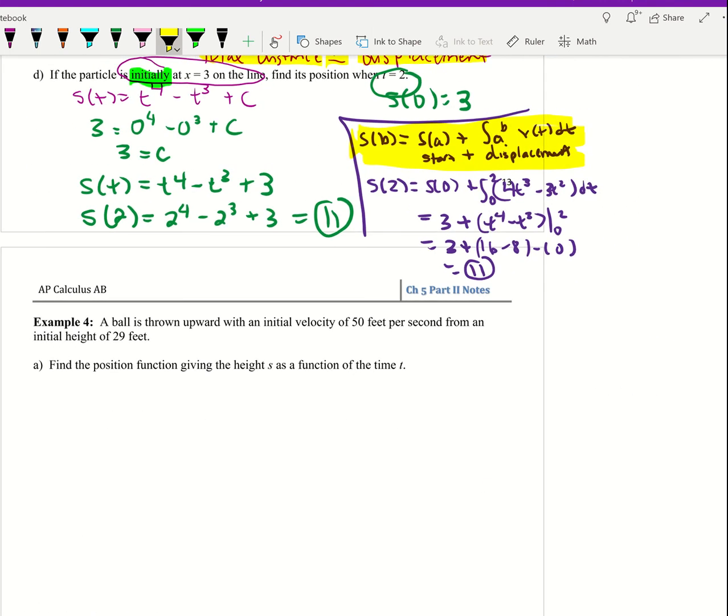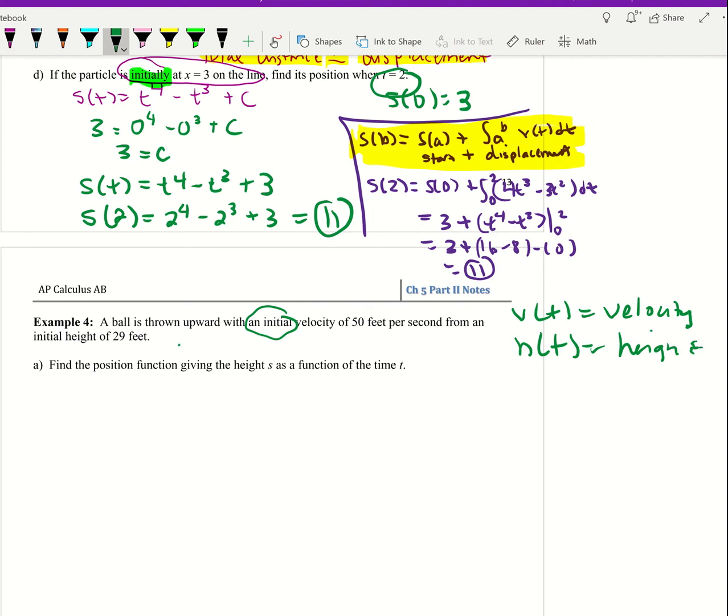All right, example 4. A ball is thrown up into the air with an initial velocity of 50 feet per second. Keep in mind, initial means time is 0. Let's use v of t for velocity, and let's use h of t for height, because they're mentioning both velocity and height.